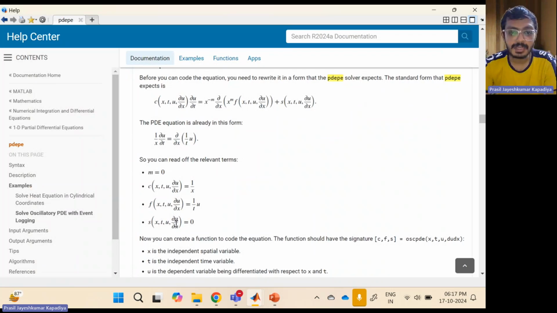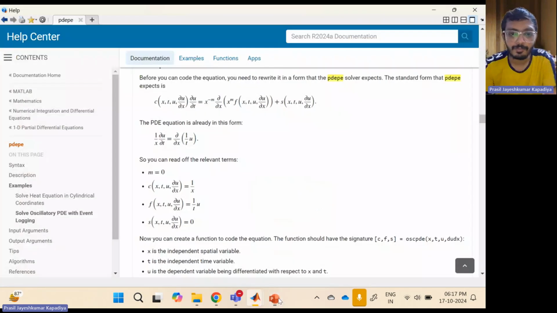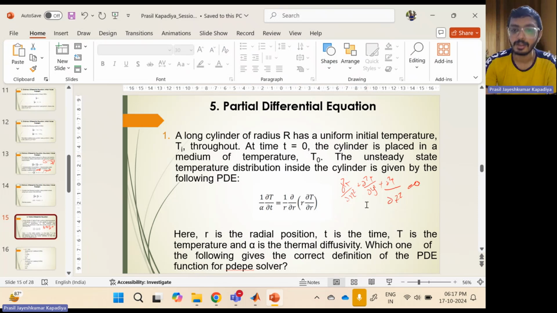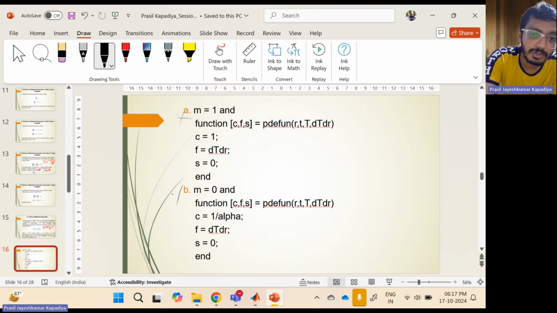My function f is equal to du/dx, so that is nothing but this value dT/dr. In my s, this is an additional term, and we don't have any additional term here. So my s is equal to 0. So the correct option will have m is equal to 1, then c is equal to 1 upon alpha. So this is not my answer because here c is equal to 1. So this is not the answer. Here m is equal to 0, so this is also not the answer.